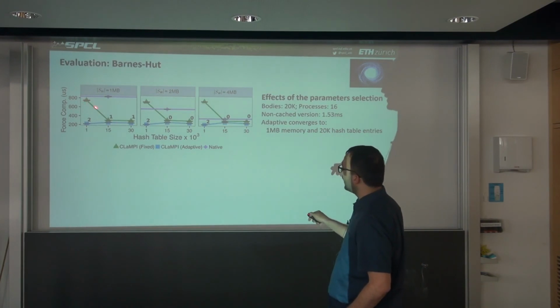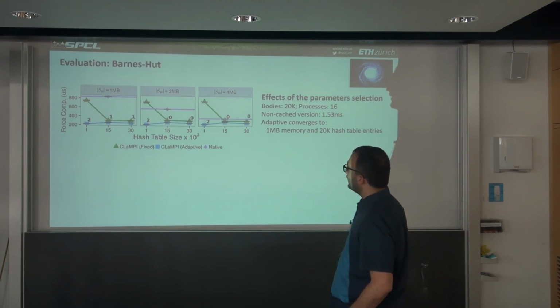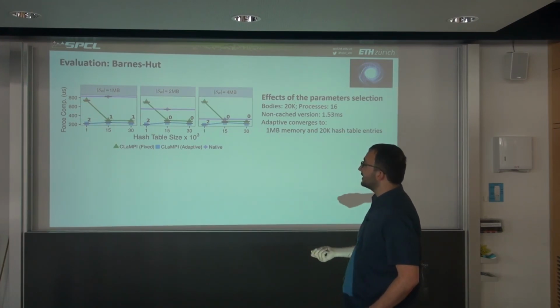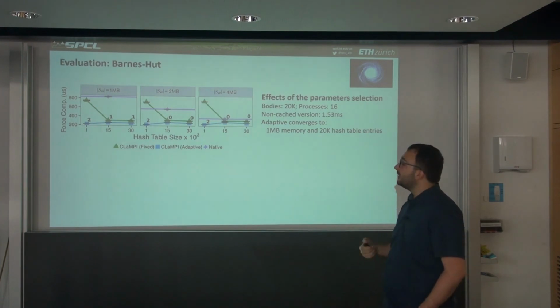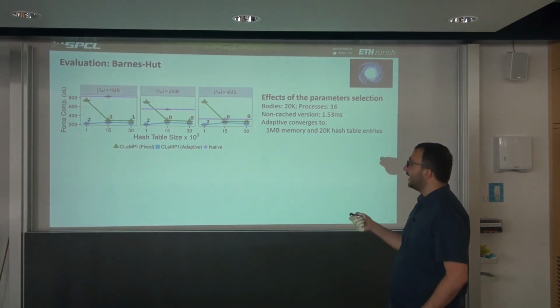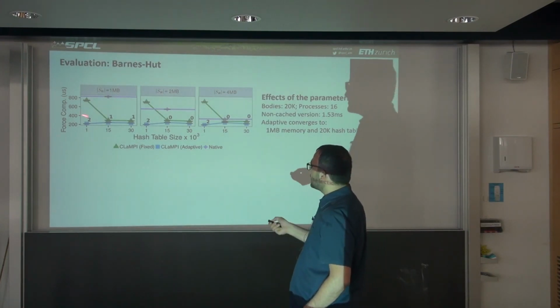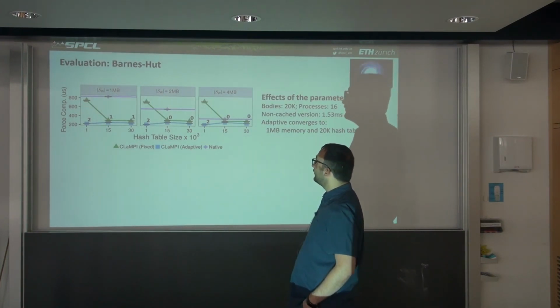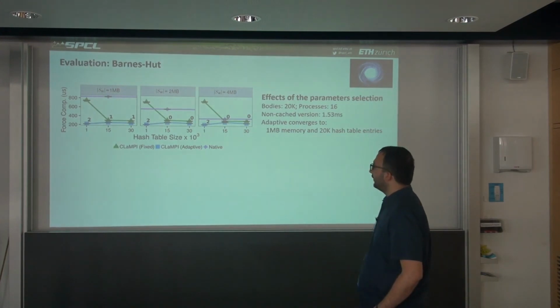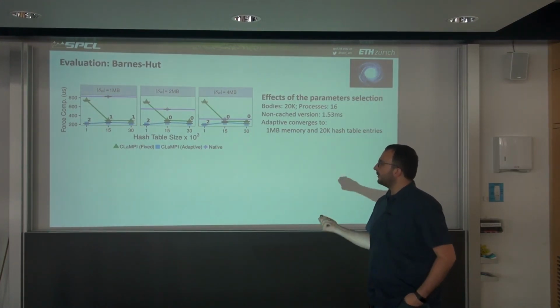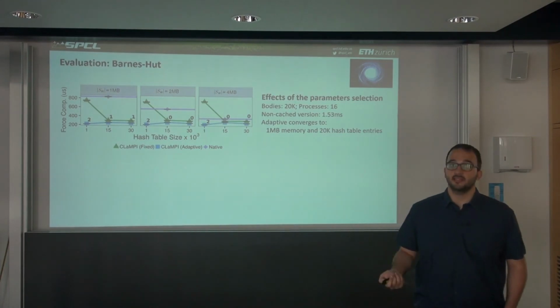Then we show CLaMPI fixed, that is the green line, and we see again that if we use a too small hash table size, then we get a lot of conflicting accesses, and this leads to bad performance. In this case, it's comparable to the native cache, while the adaptive scheme is basically independent from the hash table size because it can just adapt itself.